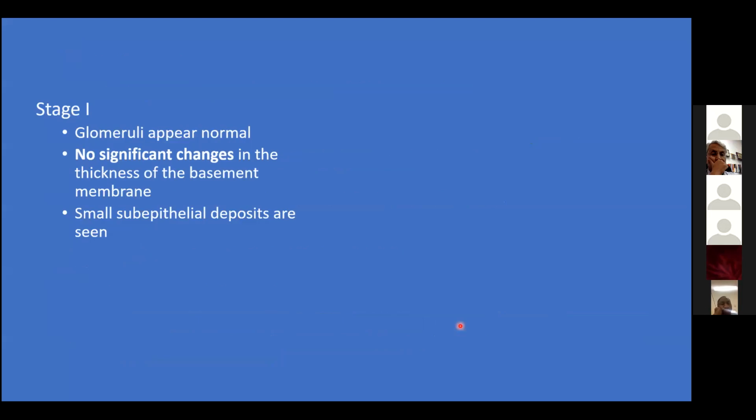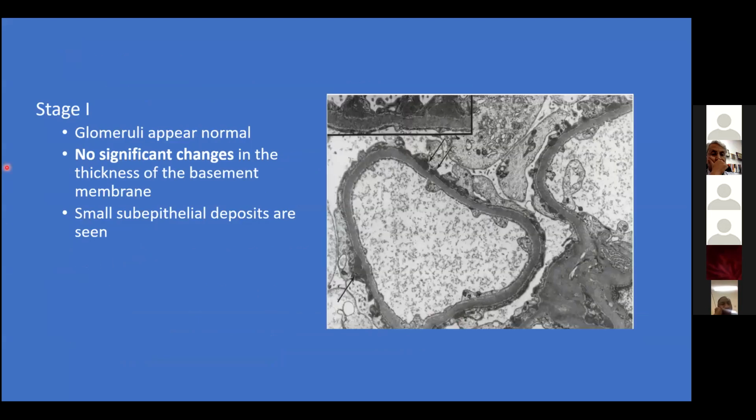In stage 1, as I told, the glomeruli on light microscopy may appear normal. There is no significant change in the thickness of the basement membrane. These are the ultrastructural features. For the beginners, this is again the basement membrane, and this is the endothelial aspect.